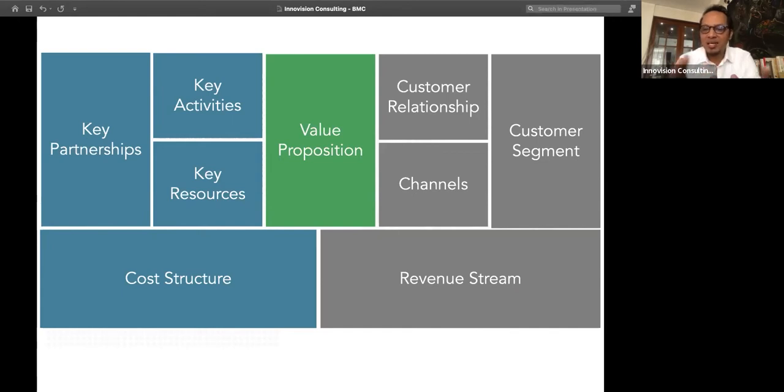Now, the right-hand side, these are the revenue creation elements. And on the left-hand side, we have the cost creation elements. So the right-hand side and the left-hand side need to be blended to offer the right sets of value so that we get to a commercially viable solution. Now, that is for any businesses that is going to apply this solution.